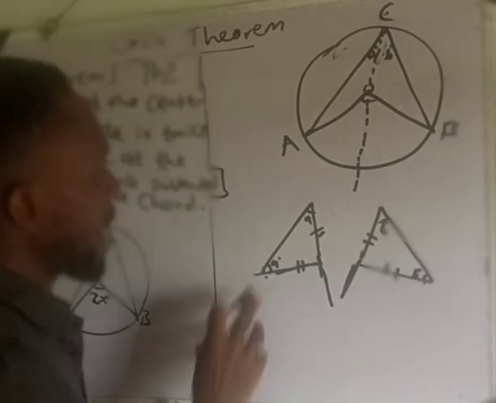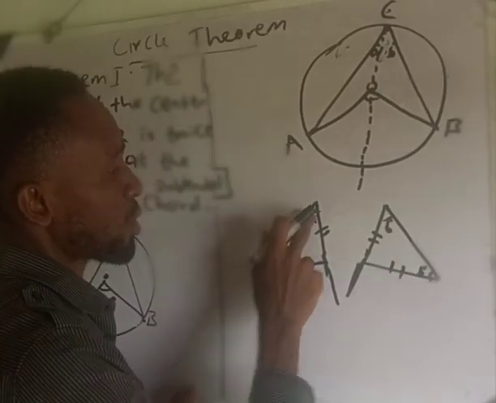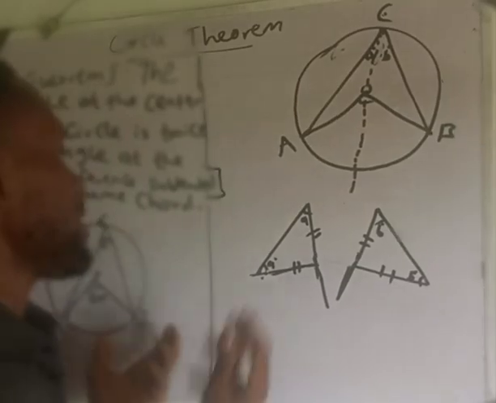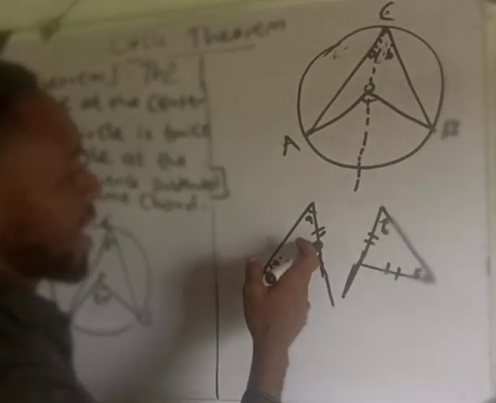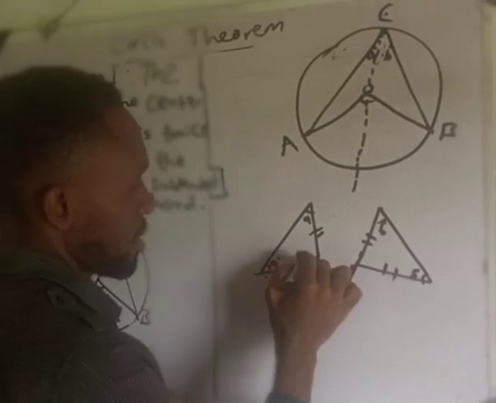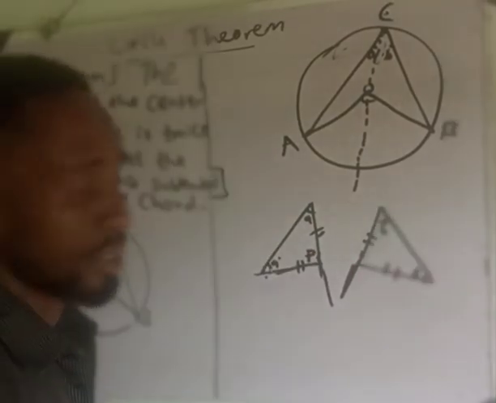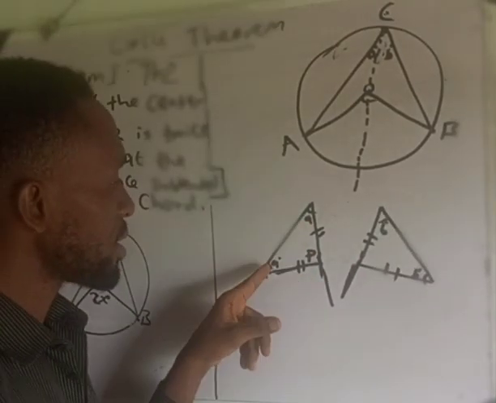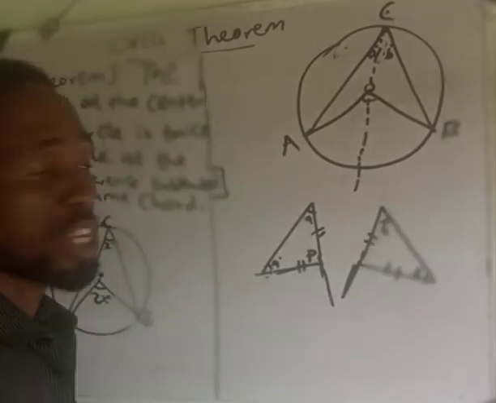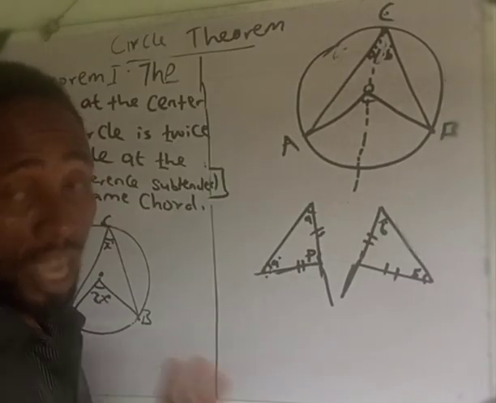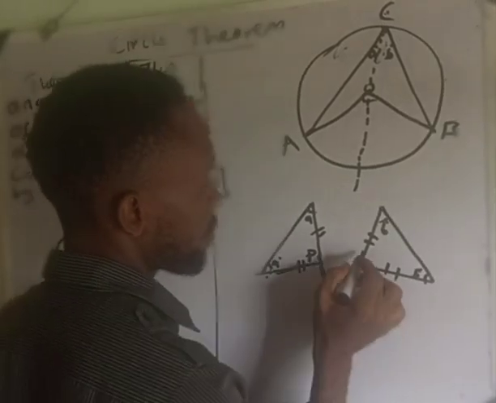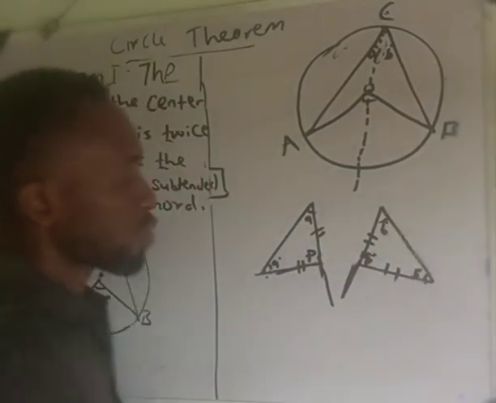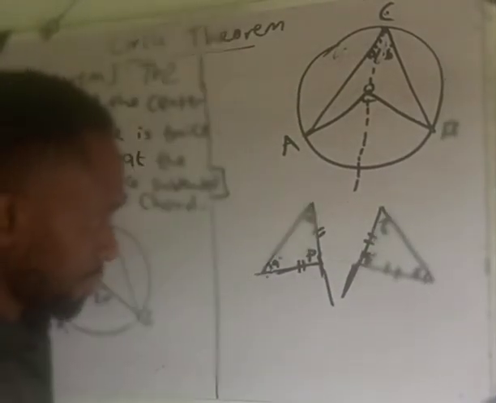It means that if I have A degrees plus A degrees, let's just say here I have P, right? So A degrees plus P degrees will give me 180 degrees. That is the total angle in a triangle. Also, B degrees plus B degrees, let's say I have Q here, will also give me 180 degrees.